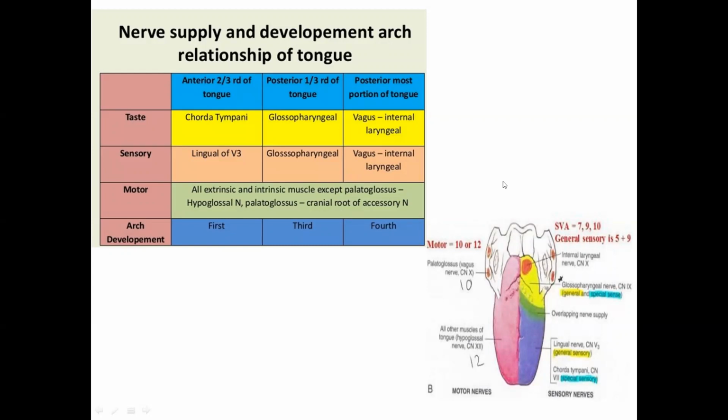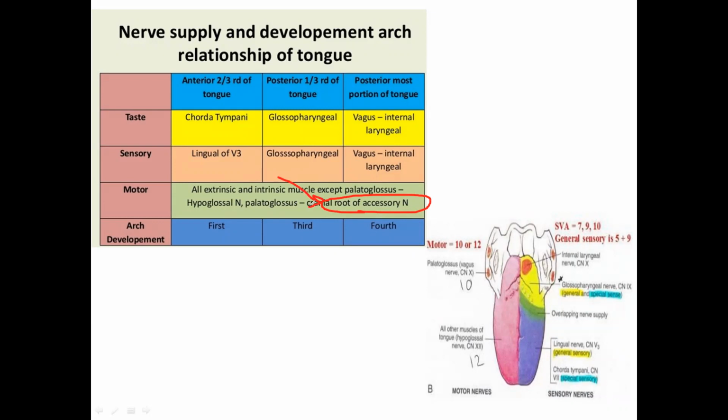The extrinsic muscles of the tongue, like hyoglossus, palatoglossus, and styloglossus, are supplied by the cranial root of the accessory nerve, as well as all the intrinsic muscles.